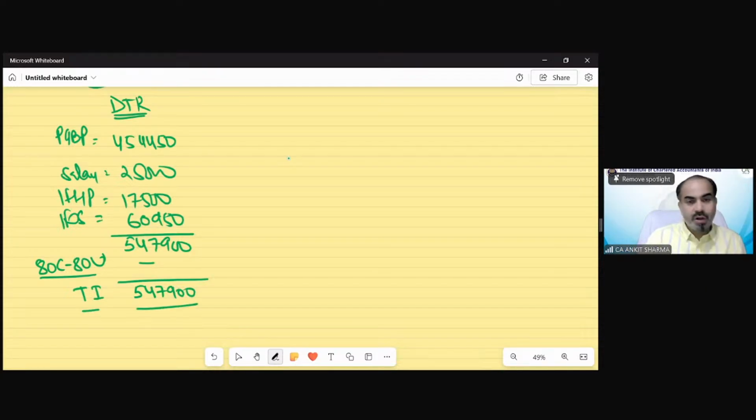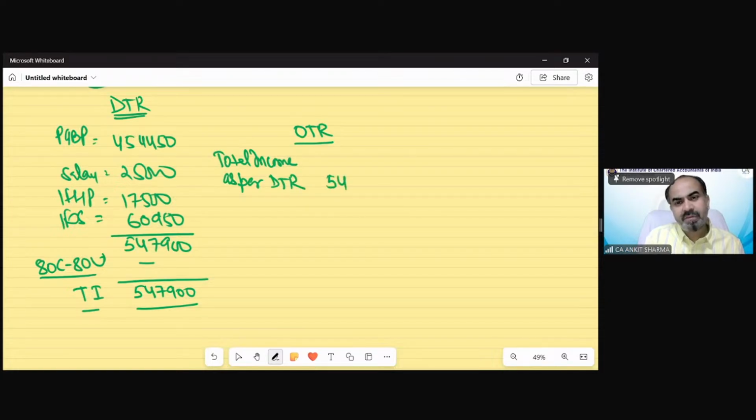Now we will solve the optional tax regime total income. So when you are going to solve optional tax regime question, please take total income as per default tax regime. And it was 547900.